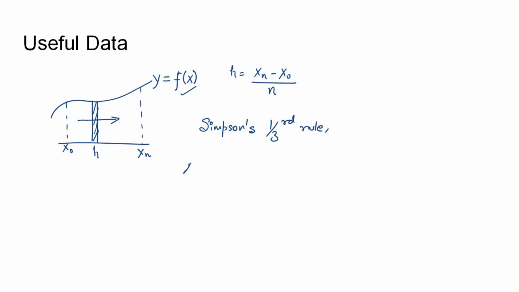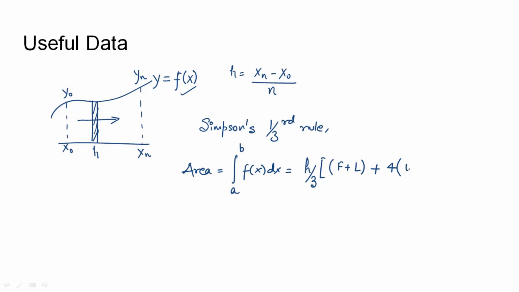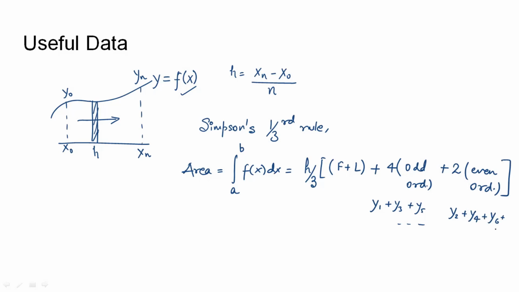According to this rule, the area under a curve, that is the integral of f(x) dx between a and b, is given as h over 3 times the sum of the first and last ordinates, that is y0 and yn, plus 4 times the sum of odd ordinates, that is y1, y3, y5 and so on, plus 2 times the sum of even ordinates, that is y2, y4, y6 and so on.